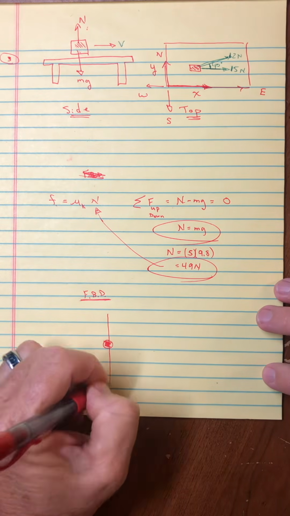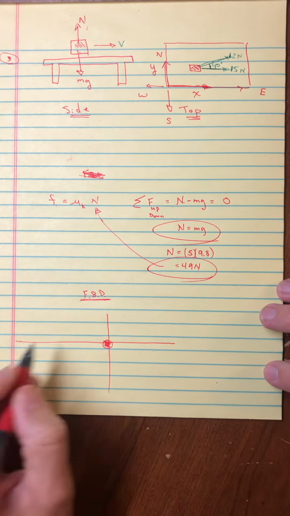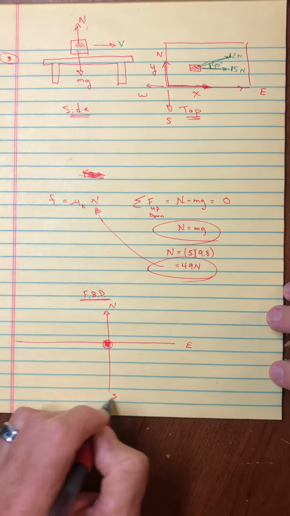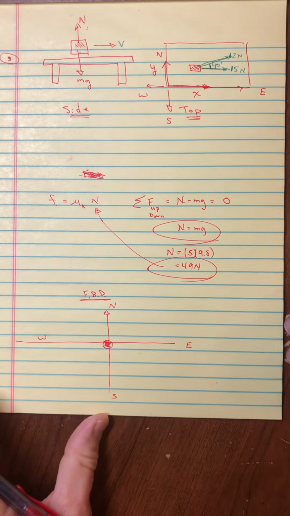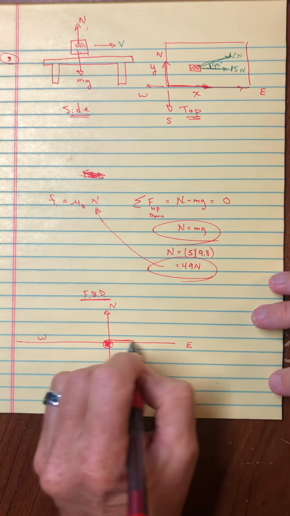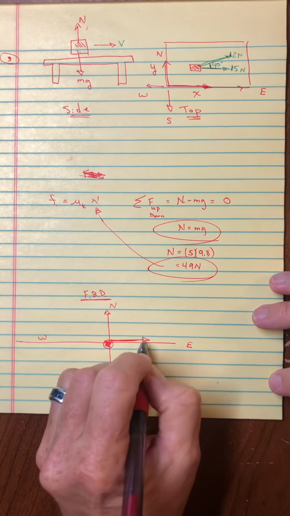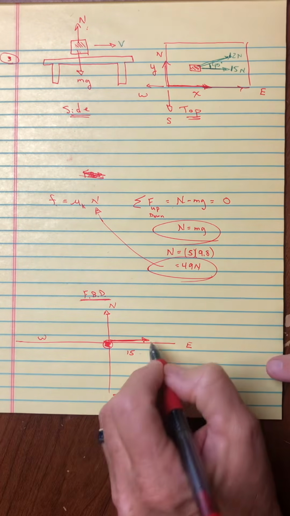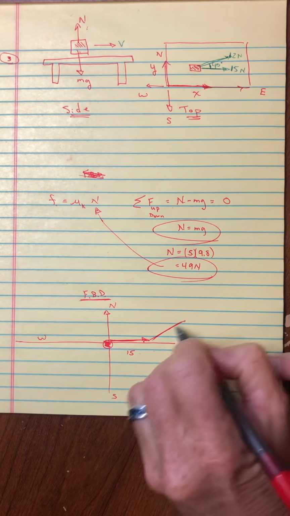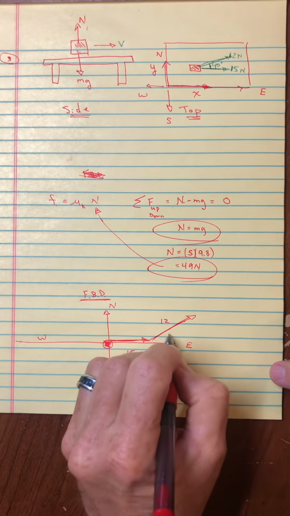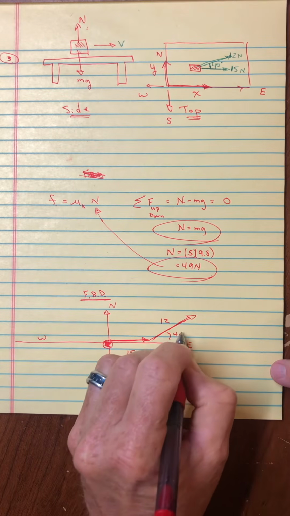And then as I'm looking down, I'll do a grid where this is north and this is east and this is south and this is west. And then that way, when I draw my two forces, I can draw this one completely east, which is 15. And if I draw them head to tail, I can draw this one that has a length of 12 and an angle of 40.